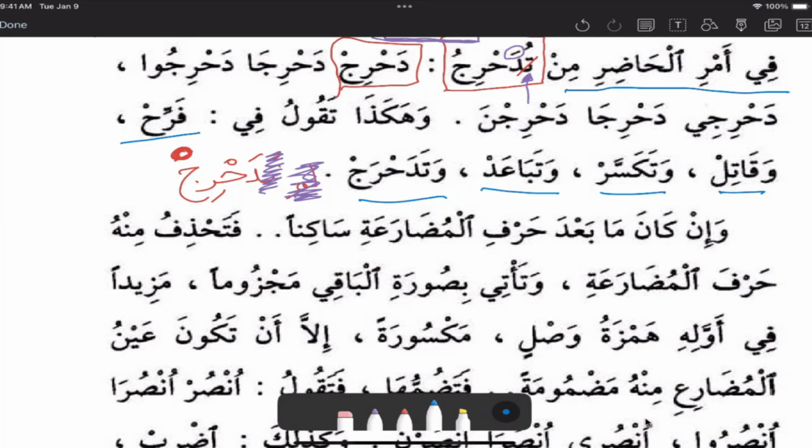So, akrama, the wazn of akrama, as you know, is af'ala. And the wazn of yukrimu then is yuf'ilu. Yeah, Ustad. So where is the hamza?